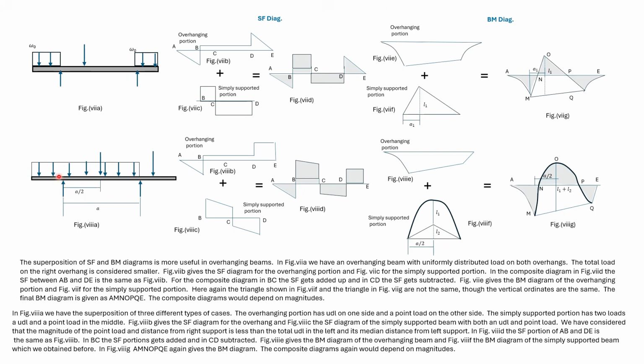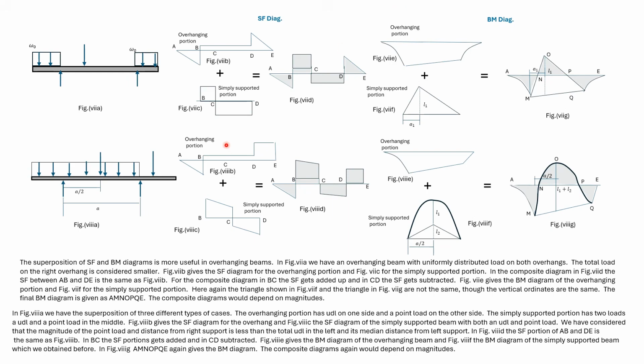We consider the total UDL load to be larger than this point load and also half the distance of the left overhang greater than the distance of the point load from the right support.